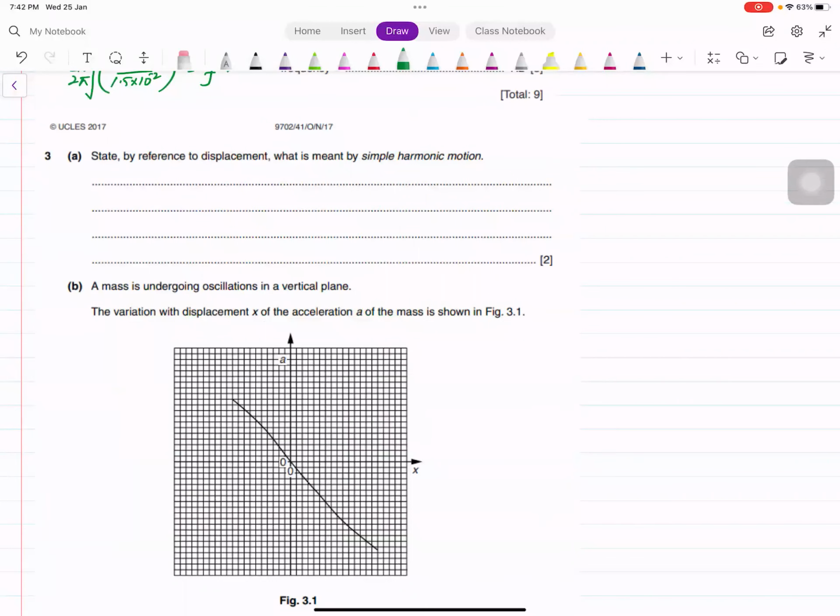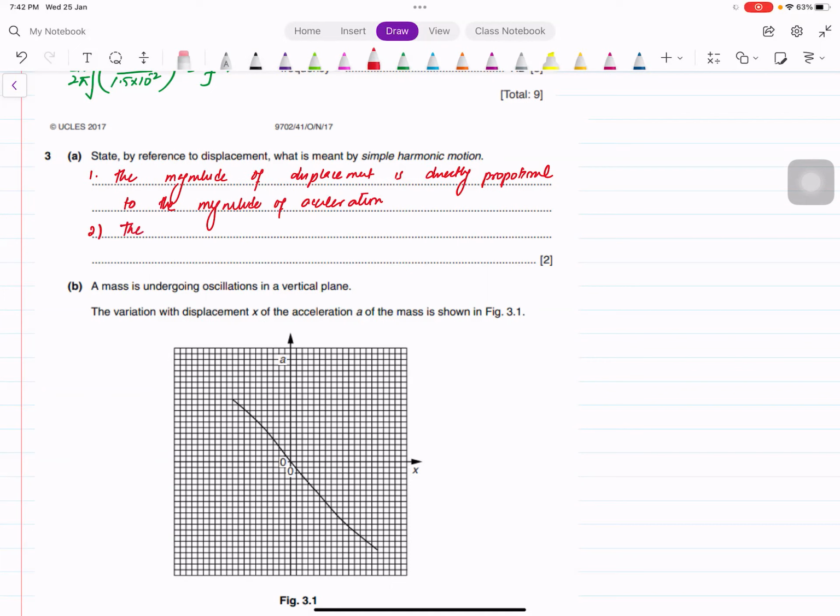Okay. So if I were you, I would simply write that the magnitude of displacement is directly proportional to the magnitude of acceleration, right? So this question is always there.